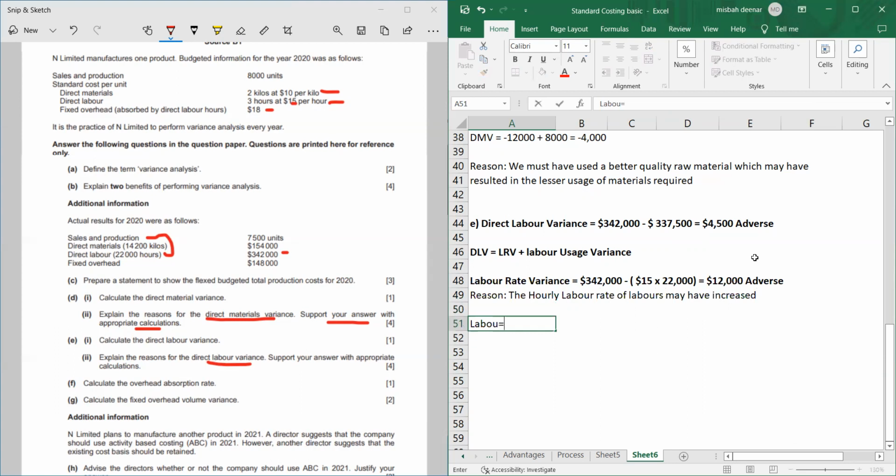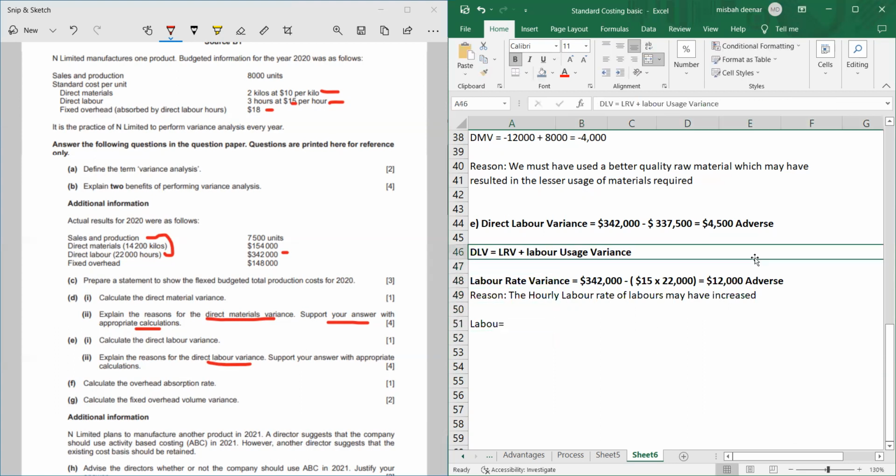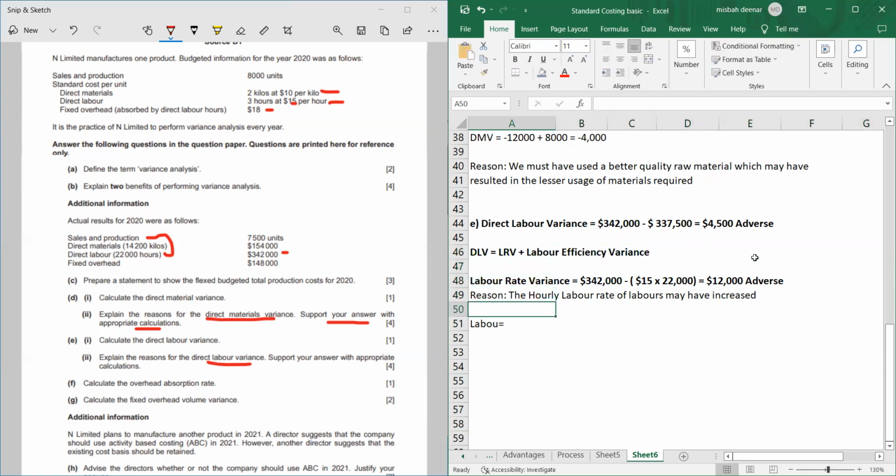Then this labor rate variance plus labor efficiency variance. So labor efficiency variance. How many hours were used in actual? 22,000 hours. And how many did we budget?